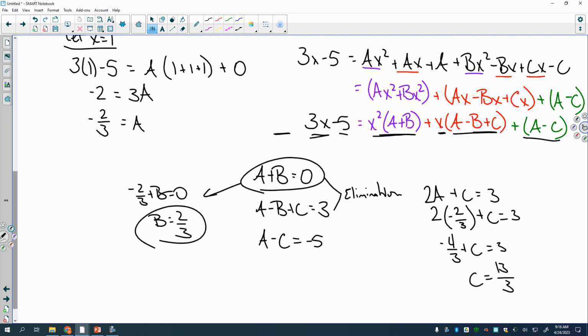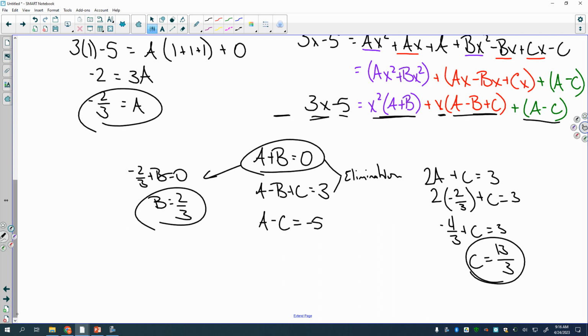There's A and B and C. And then I can rewrite my answer as 3x minus 5 over x cubed minus 1 equal to, and it's going to look kind of ugly for a second, where I plug those things in.